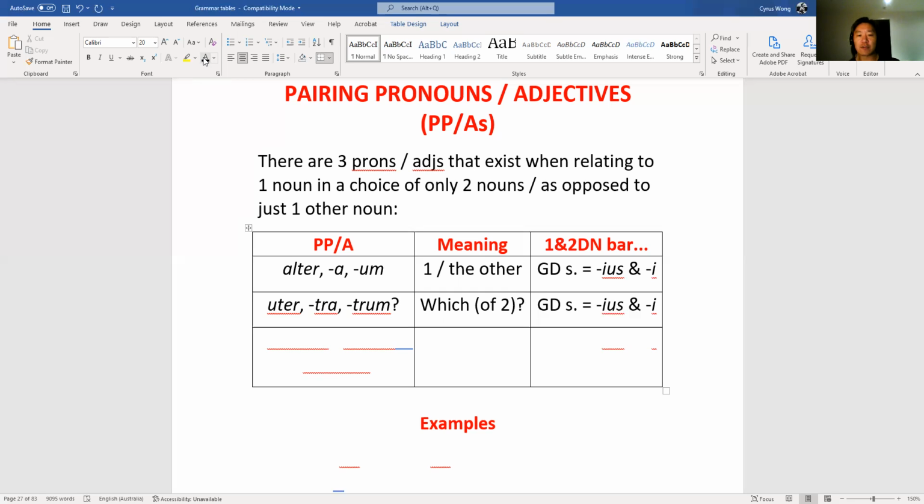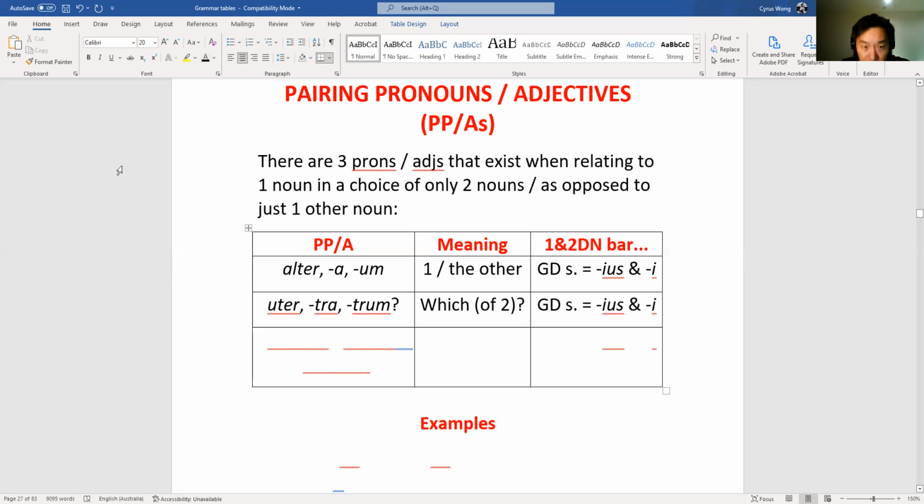So if you were to say which man, which woman, which thing, nominative would be uter, utra, utrum, accusative utrum, utram, utrum, genitive utrius, utrius, utrius, dative utri, utri, utri, ablative utro, utra, utro. And again, the only time you would ever see this in the plural is if you're using it to describe a noun which is plural in form but singular in meaning.